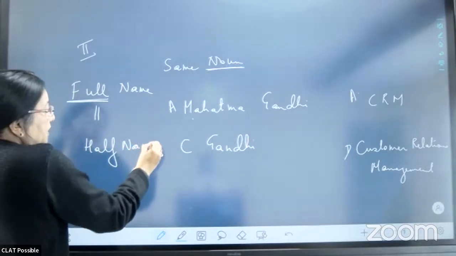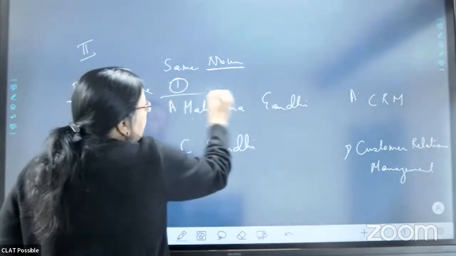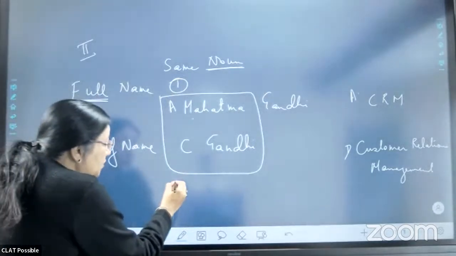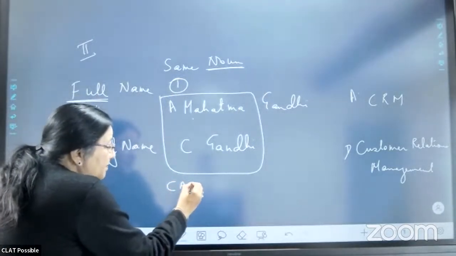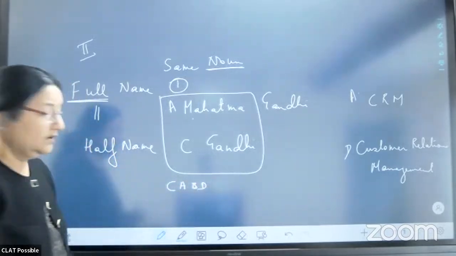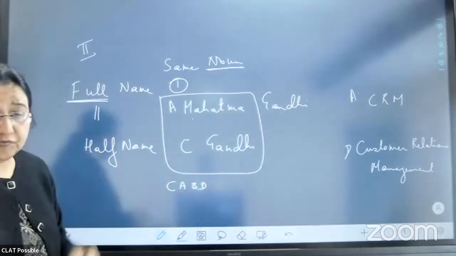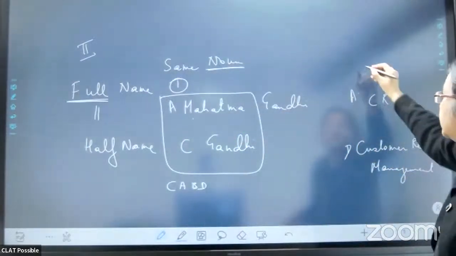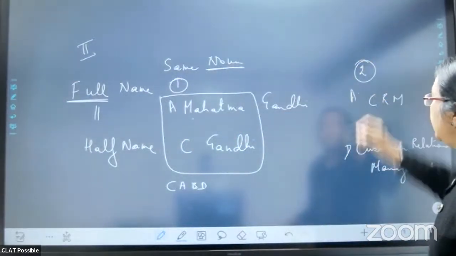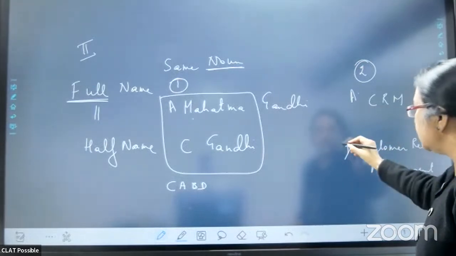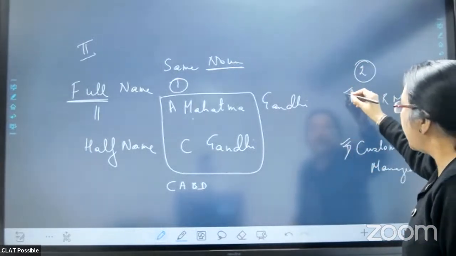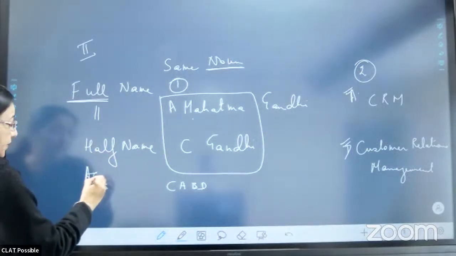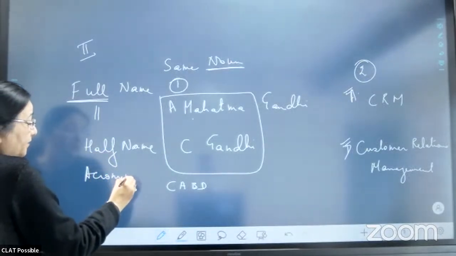Any option choice for the first example where C comes before, like an option which says CABD, will be wrong because a half name cannot come before the full name. Let's equally look at the second example. Any option choice where A is a full name and this is an acronym. So we can have a half name or an acronym. Acronym means a short name.